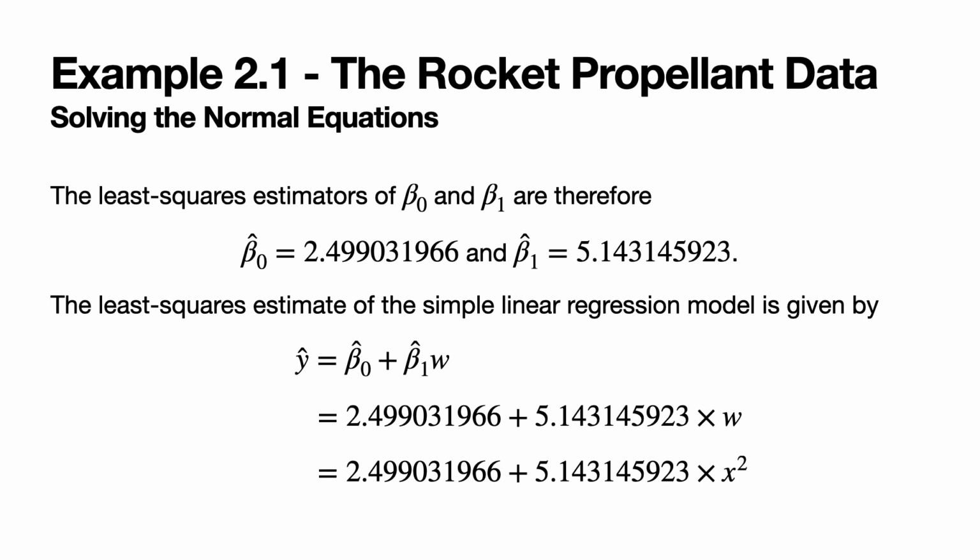We can also express this in terms of x as y hat equal to beta 0 plus beta 1 times x squared, which would be 2.499031966 plus 5.143145923 times x squared.